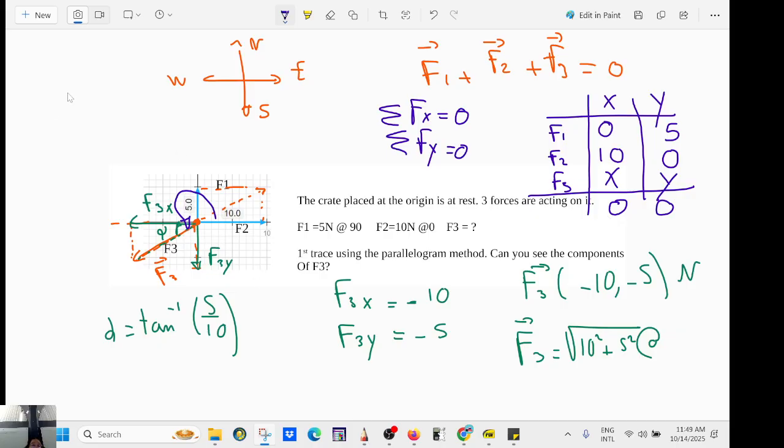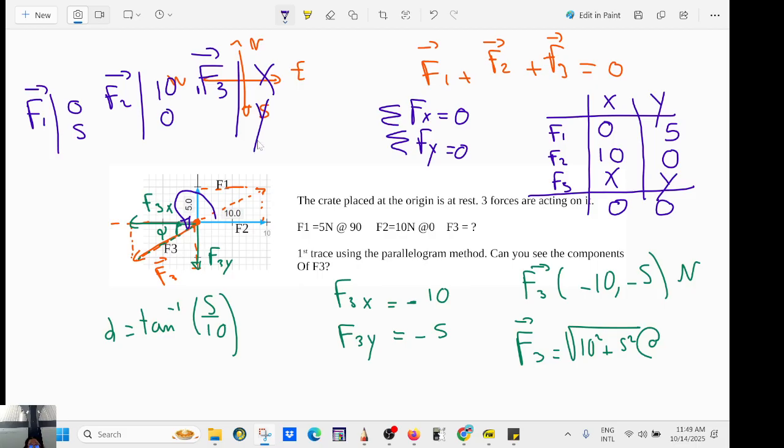Or you can do it this way. You can say F1 has two components. It has a 0 and a 5. F2 has two components. It has a 10 and a 0. F3 has two components, x and y.